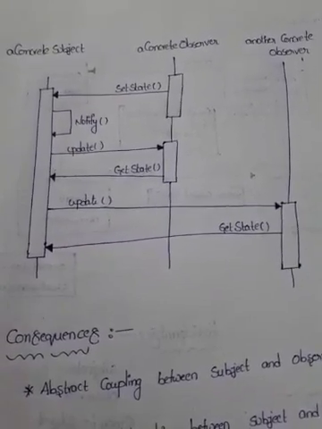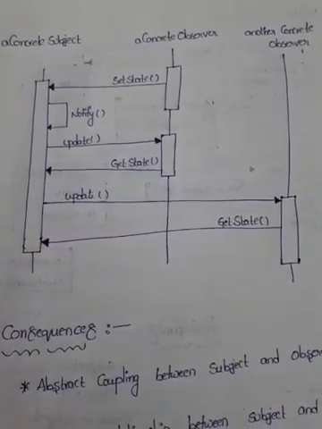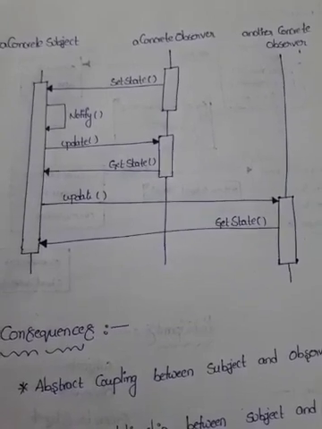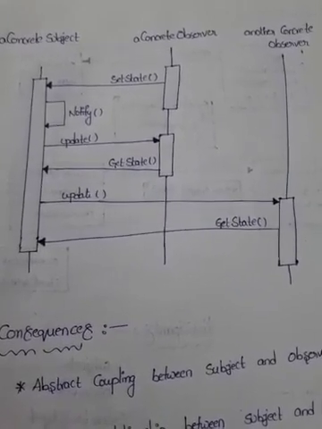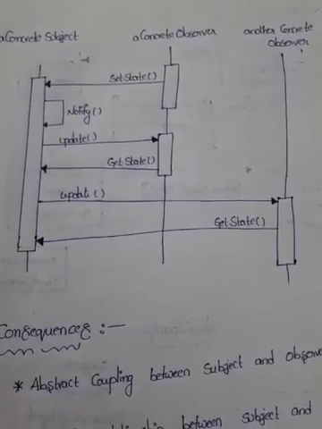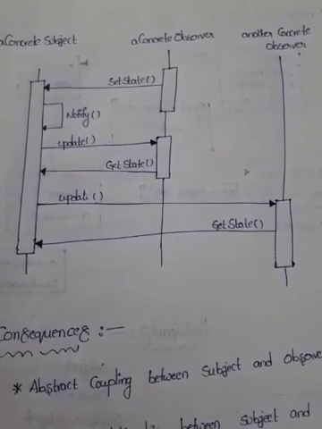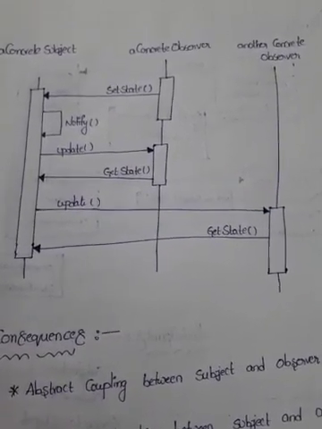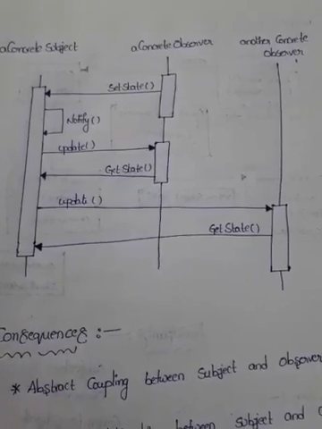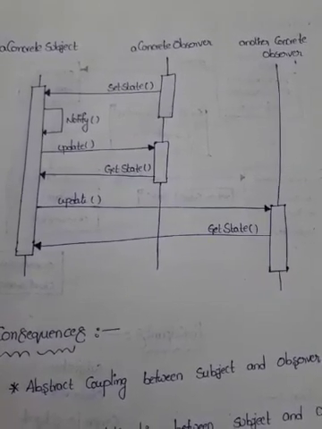And after being informed of a change in the concrete subject, a concrete observer object may query the subject for information, and the concrete observer uses this information to reconcile its state with that of the subject.